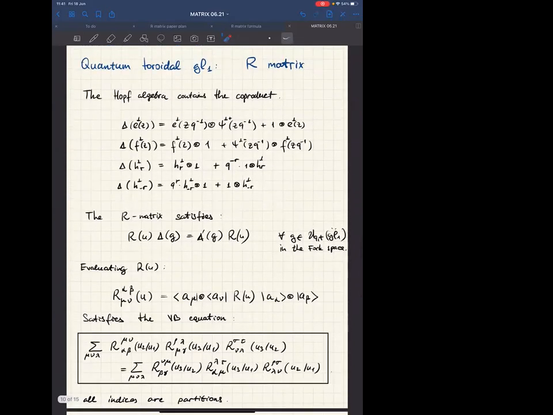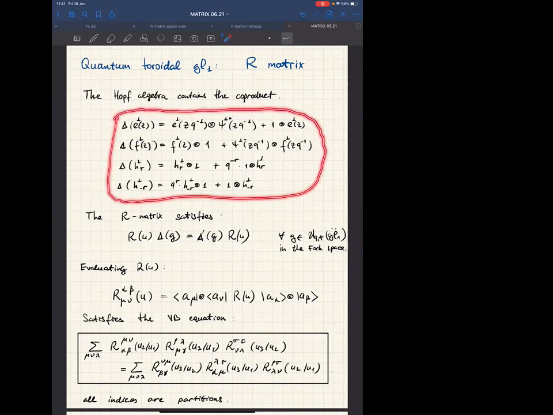Now, the quantum toroidal algebra is a Drinfeld quantum double. So it has an R-matrix, and we're interested in the R-matrix in the Fock representation that I just discussed. The R-matrix depends on the choice of the coproduct, and the choice that we make is in terms of the perpendicular operators, because in this language the Heisenberg elements remain non-trivial.